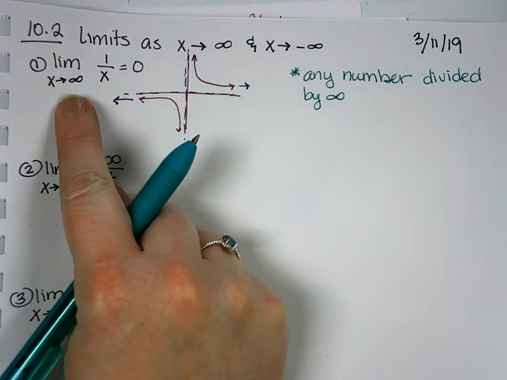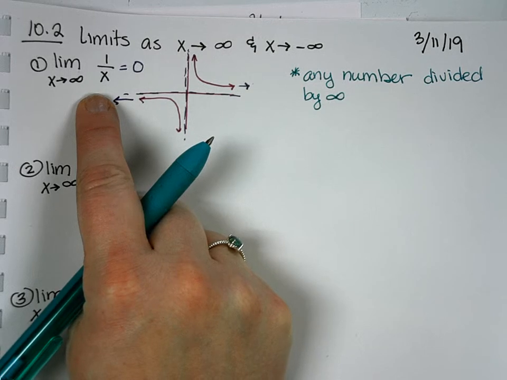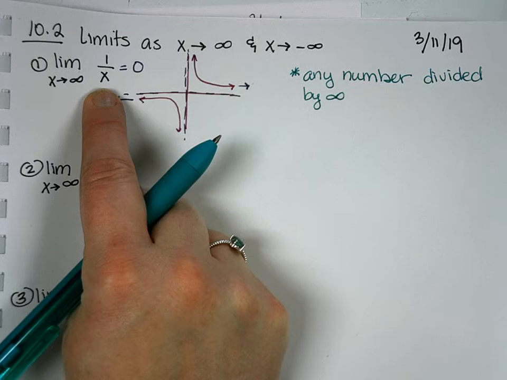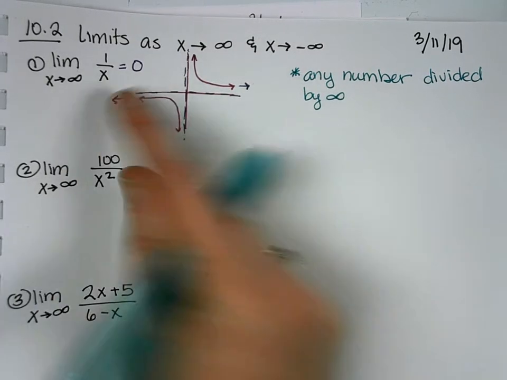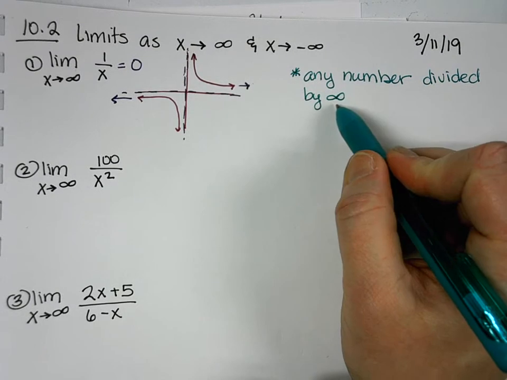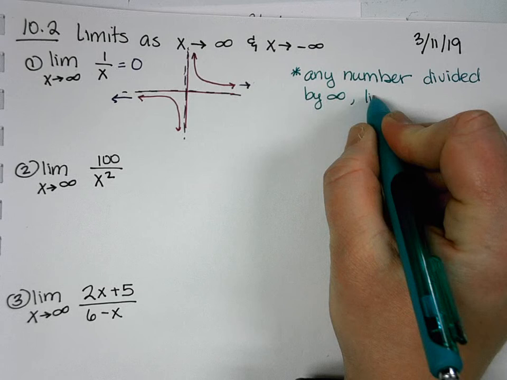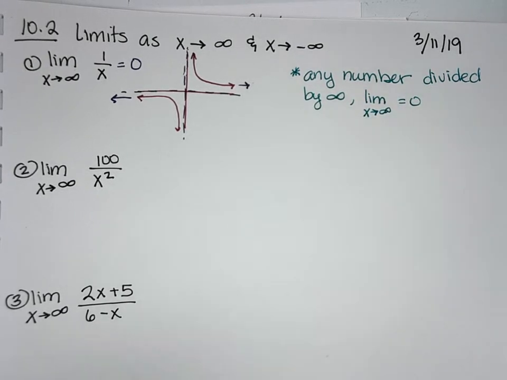If you thought about direct substitution, we can't really substitute infinity, but we can substitute larger and larger numbers. If we plug in 1 over 100, 1 over 1,000, 1 over 1,000,000, you're still getting closer and closer to 0. So whenever you end up with infinity in the denominator, the limit as x goes to infinity will equal 0.